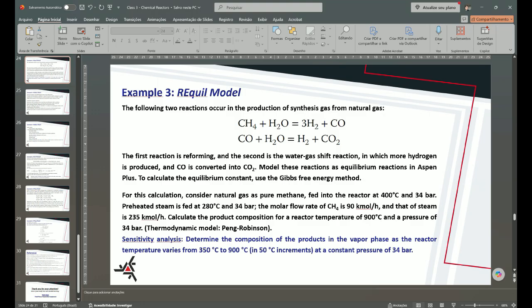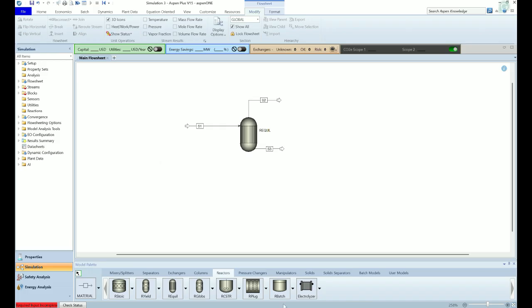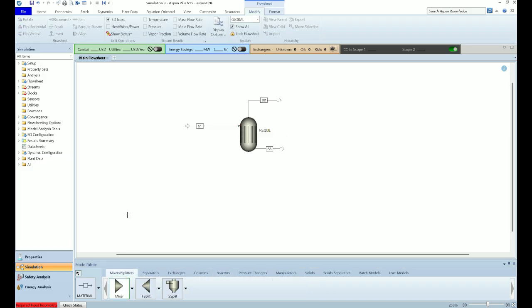Okay, let's configure first our reactions of methane and of water, of steam. As we have different conditions for the feed stream, in this case we are going to insert first a mixer for mixing steam and methane, and after the mixture of both reactants in different conditions will be fed into the reactor.